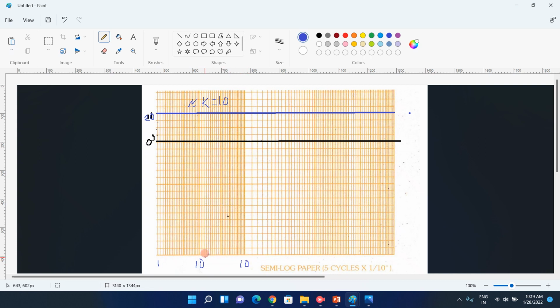This is 10 to the power 1, actually this is 10 to the power 2, this is 10 to the power 3, this is 10 to the power 4, this is 10 to the power 5.